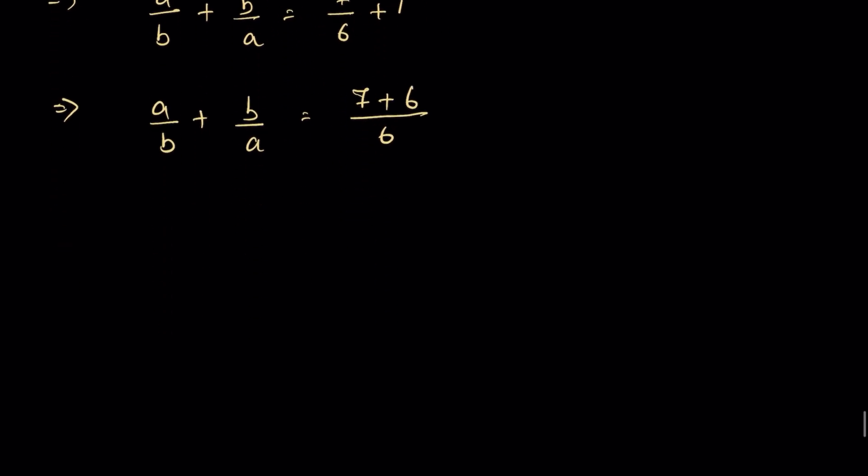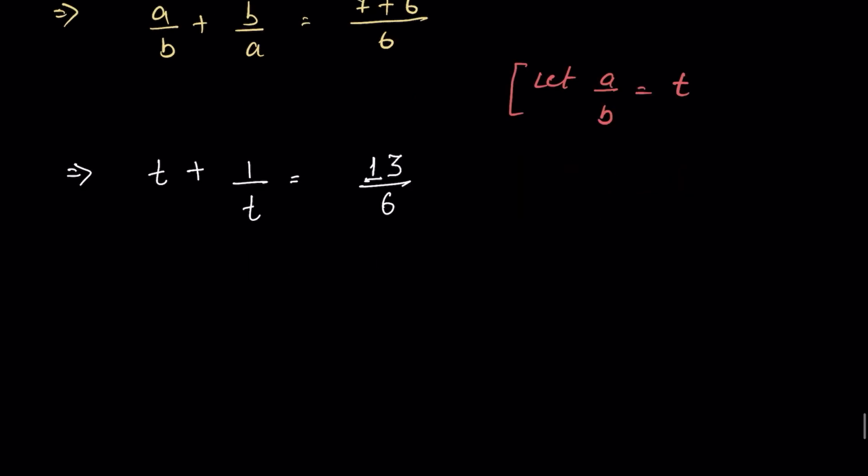Now again let us consider a upon b equals t. Then we have t plus 1 upon t equals 13 upon 6, or taking t as the common denominator, (t square plus 1) upon t equals 13 upon 6.